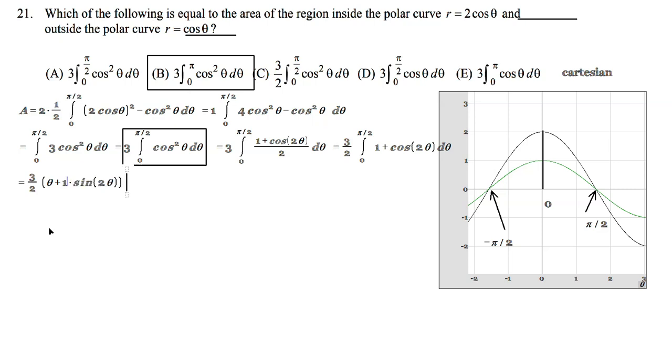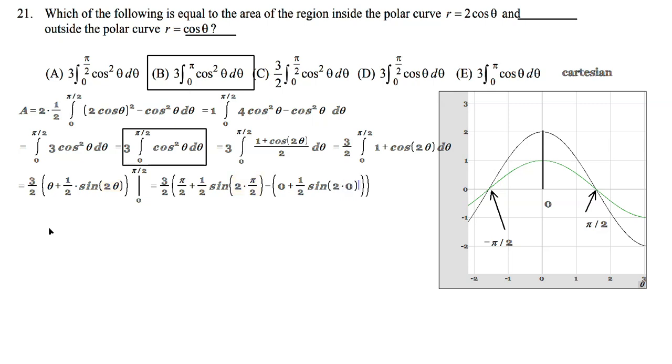Take a look. I'm going to put here 1/2, and then out here, the upper limit is pi over 2, and then down below is 0. And then you basically evaluate this. So 3/2, and then you're going to do pi over 2 plus 1/2 sine of 2 times pi over 2, and you're going to subtract off from this the following: 0 plus 1/2 sine of 2 times 0.